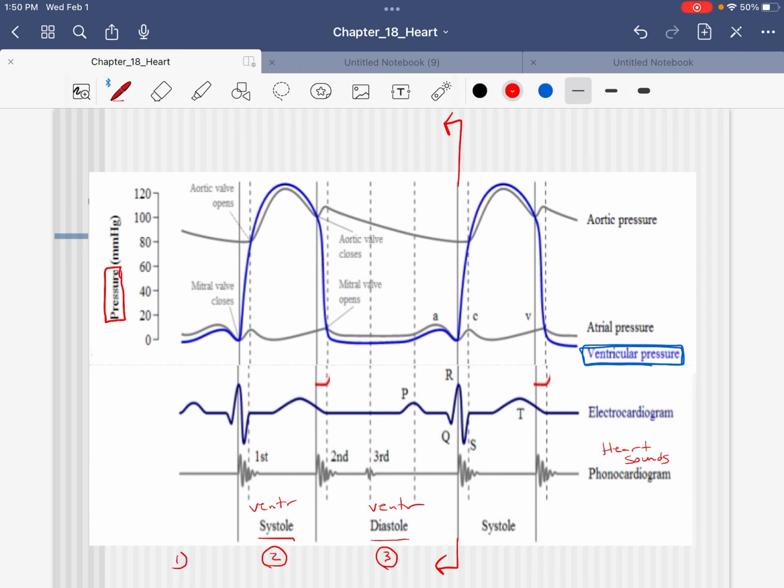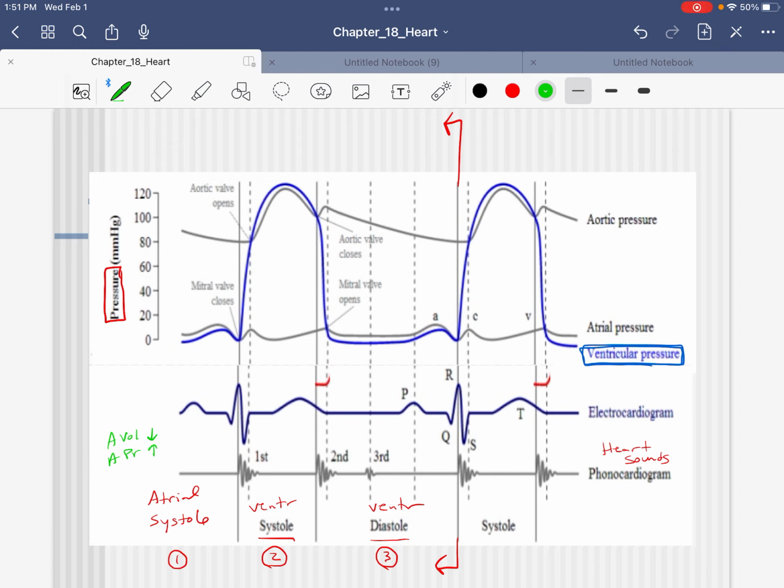What was our phase number 1? Well, atrial systole. So what's happening before here is atrial systole. During atrial systole, what was happening? The atrial walls contract, and the atrial volume goes down, but the atrial pressure goes up.